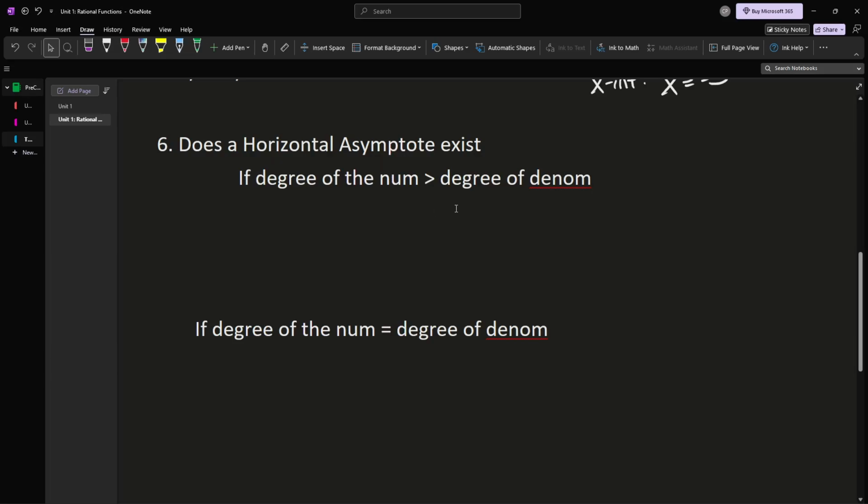So ignoring this for a bit, we'll just talk about these conditions. If the degree of the numerator is greater than the degree of the denominator, that means my numerator is increasing so much more. It's so much stronger than my denominator that I have a big number or a big negative. It's a big value. So therefore there's no horizontal asymptote.